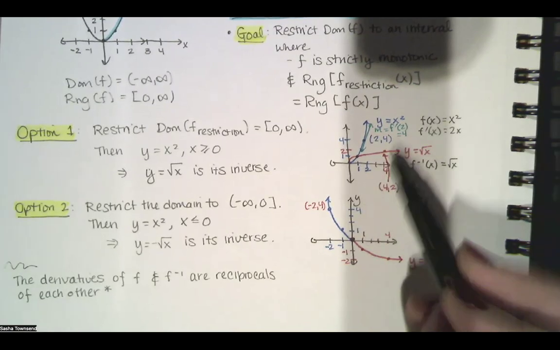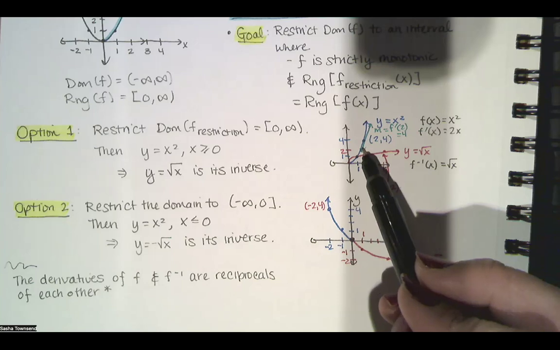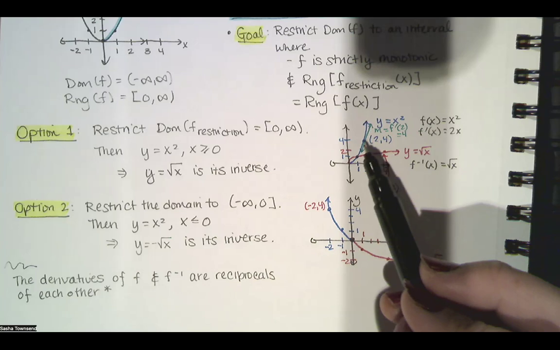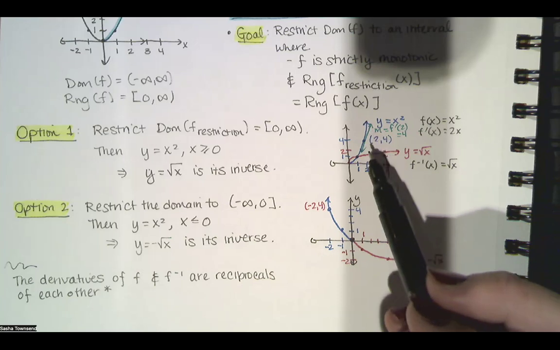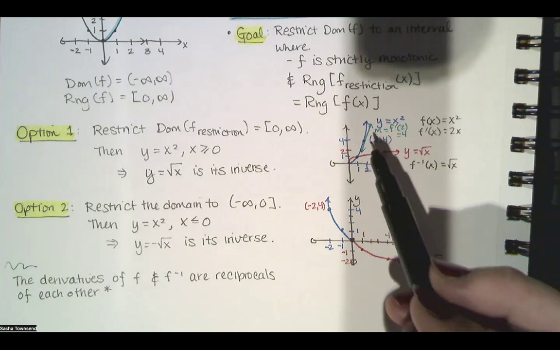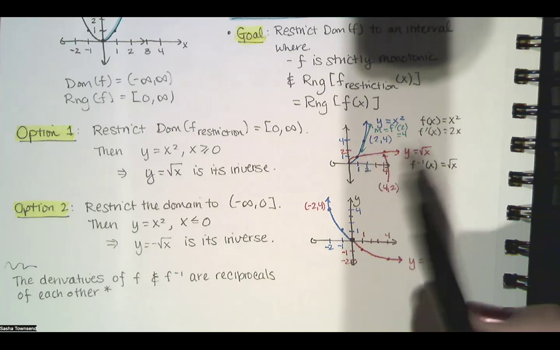then at (4, 2), the rate of change of this function is that limit as delta x approaches 0 of delta y over delta x. So we're looking at where the change in x goes to 0 of that change in y divided by the change in x. When we switch the roles of x and y, instead of the change in y divided by change in x, we're going to get change in x over change in y.